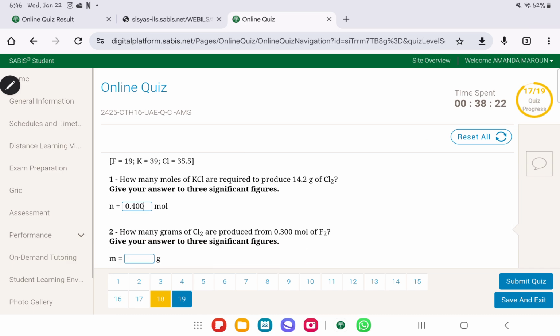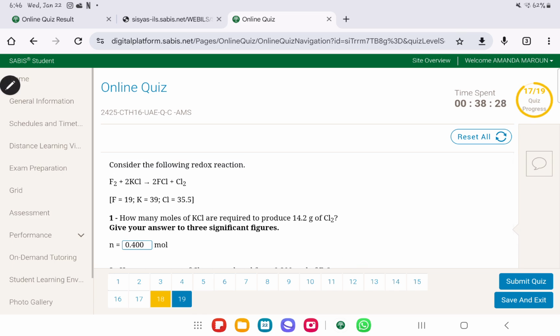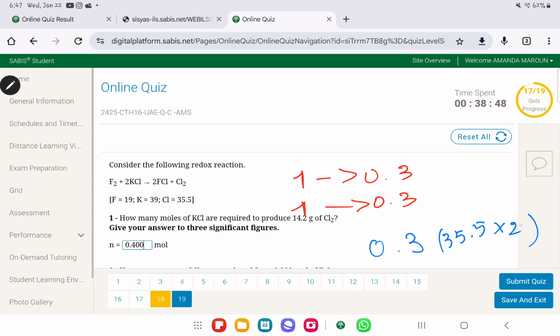Alright? How many grams of Cl2 are produced from 0.300 mole of F2? So 1 mole of F2 became 0.3 moles. So 1 mole of Cl2 is also gonna become 0.3 mole. So we are gonna take 0.3 and multiply it by the molar mass of Cl2, which is 35.5 times 2.